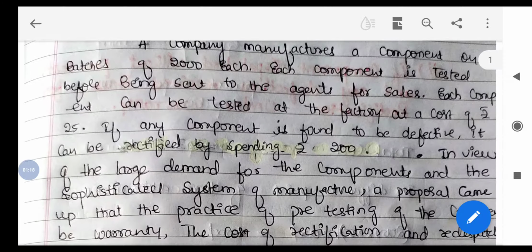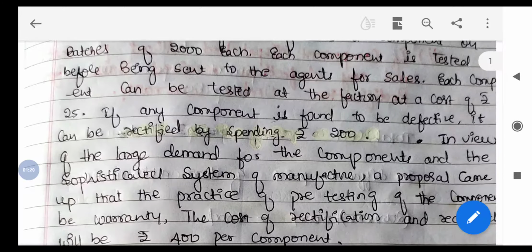In view of large demand for the component and the sophisticated system of manufacturing, there is a large demand in the market for their products. One proposal is that pre-testing should be done, and they have to give a warranty for their products.